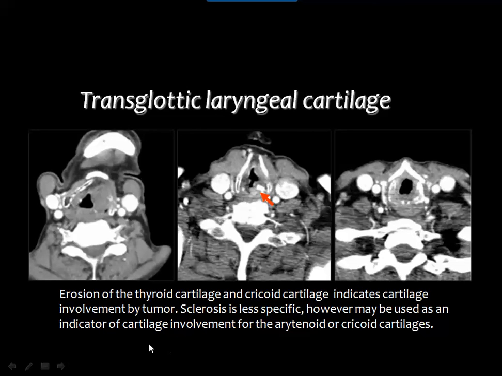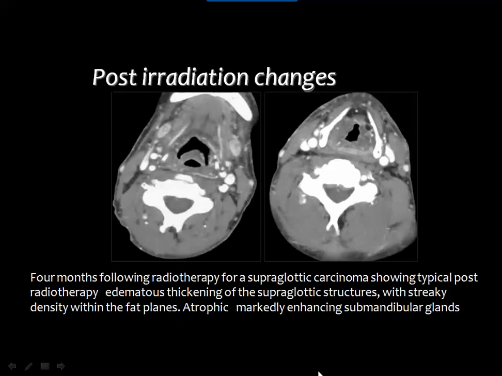Transglottic laryngeal cancer has a component in the supraglottic area invading the glottic region. This is a sclerosis of the arytenoid cartilage, and it has also a component in the subglottic area with invasion and destruction of the cricoid cartilage.